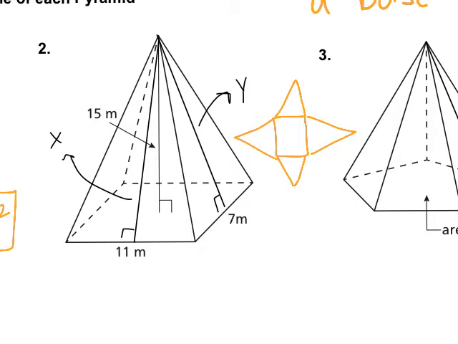So when you go to find the surface area, you are going to do the area of these two, because those two are going to be the same. These two right here are going to be the same. And then you can just have your base. Okay, does everybody understand why the formula won't work there? Because you have two different slant heights.